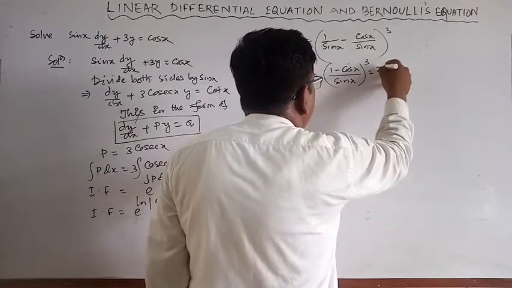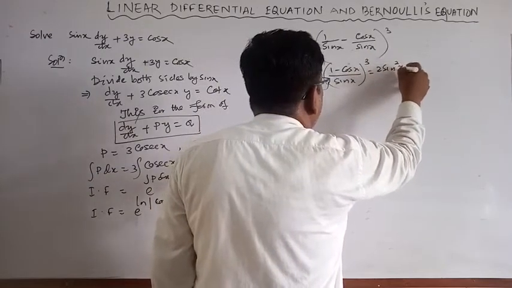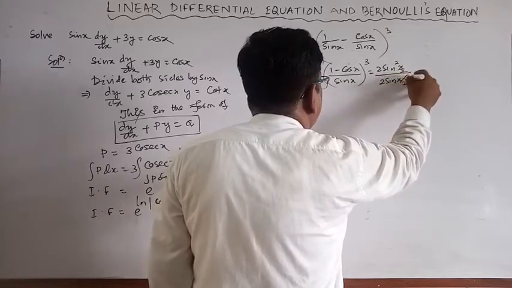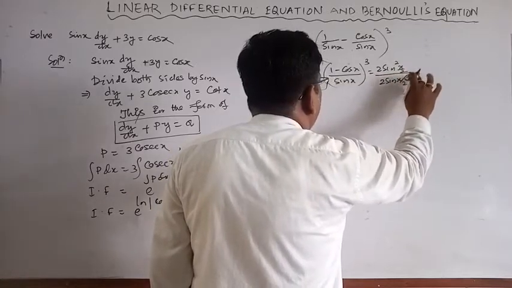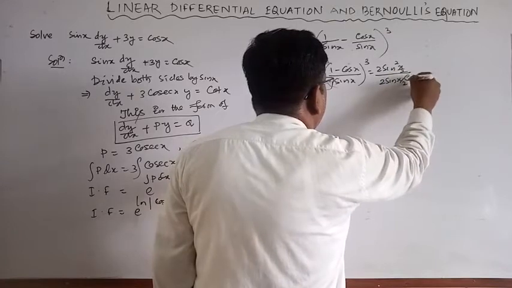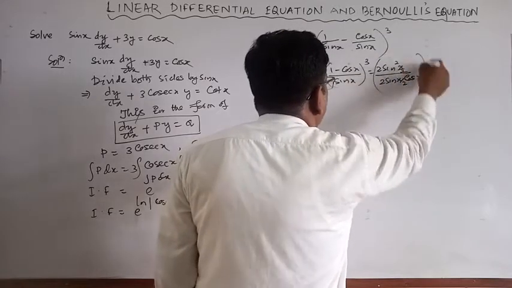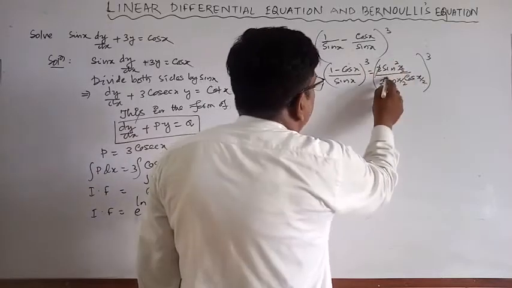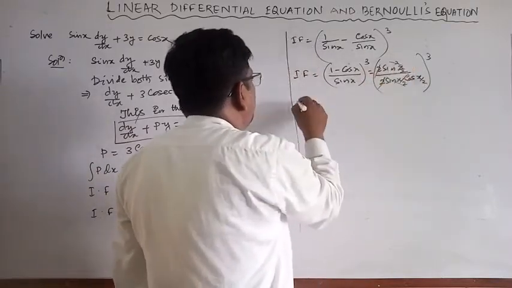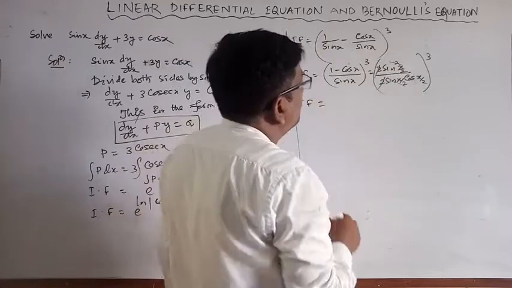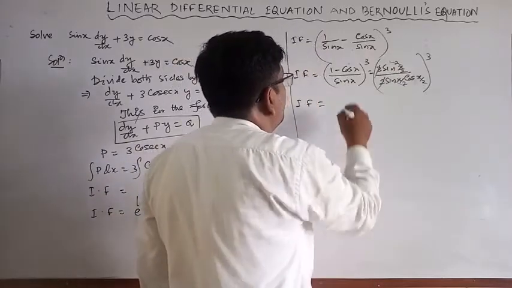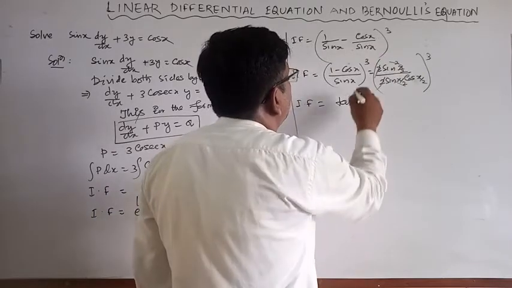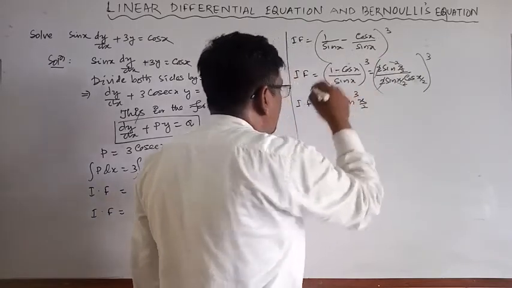This is equal to 2 sin square x by 2 divided by 2 sin x by 2 into cos x by 2, whole to the power 3. Here 2 cancels and one sin x by 2 cancels. So IF is equal to tan x by 2 whole cube, tan cube x by 2.